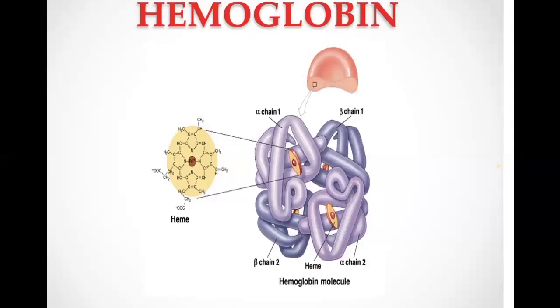And the adult hemoglobin molecule has how many beta chains? It's 2. So 2 beta chains. How many alpha chains? 2. So it's 2 alpha and 2 beta.